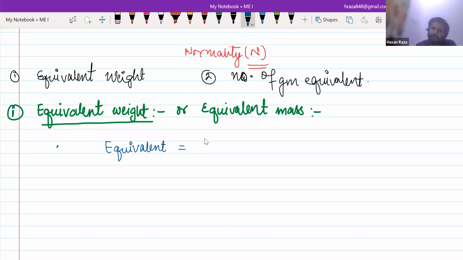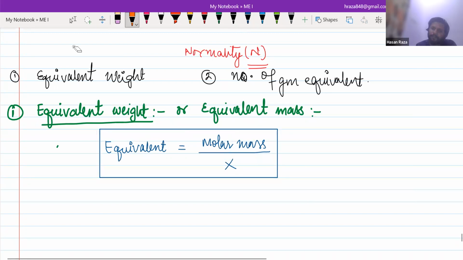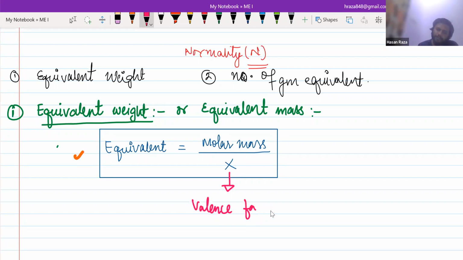Equivalent weight is equal to molar mass, which you can easily calculate for any compound if you know the atomic mass, upon X. This is the formula for equivalent weight, which is basically molar mass upon X. X is called the valence factor, or we can call it N factor.